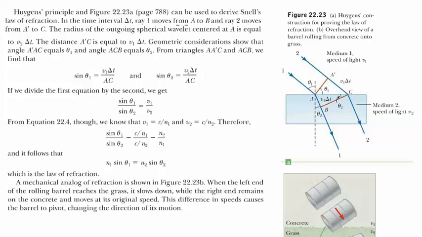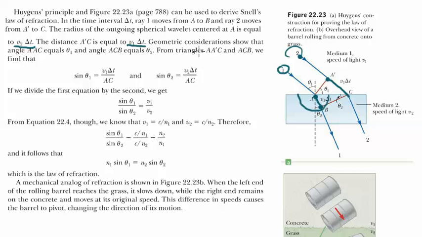In the time interval delta t, ray 1 moves from A to B, and ray 2 moves from A prime to C. The radius of the outgoing spherical wavelet centered at A is equal to the velocity in medium 2 times delta t, and the distance A prime C is equal to the velocity in medium 1 times delta t.